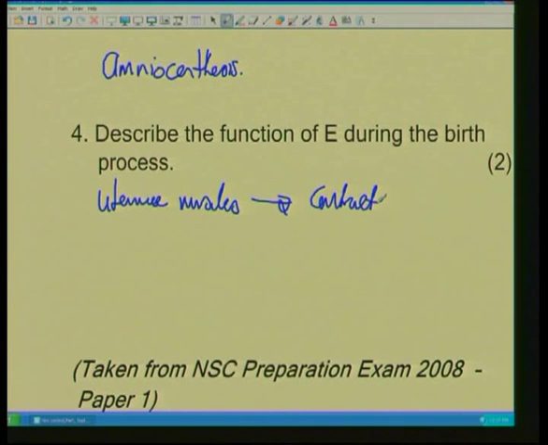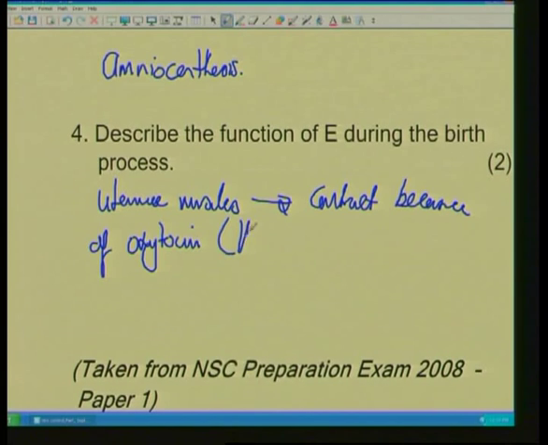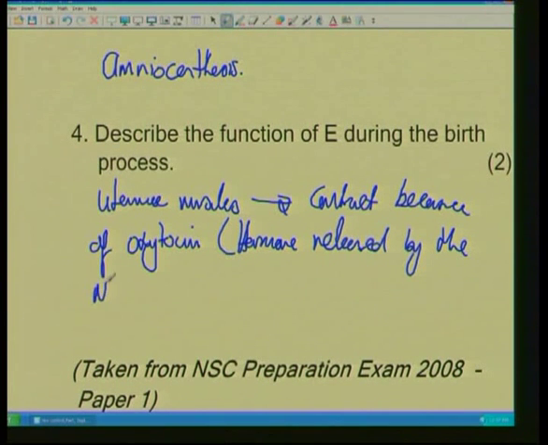They're going to contract because of oxytocin. That's a hormone released by the mother. Okay, remember oxytocin is also released by the pituitary gland. And what is that going to do? It causes those uterine muscles to contract and push that baby out.